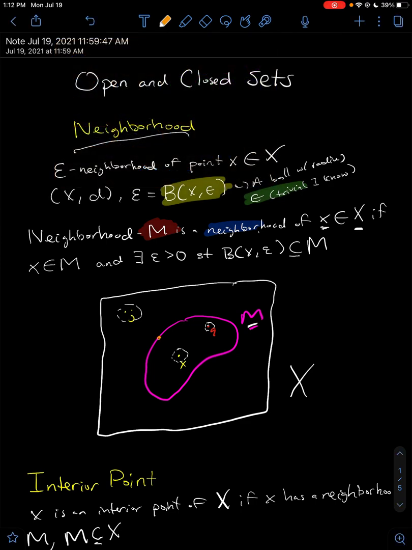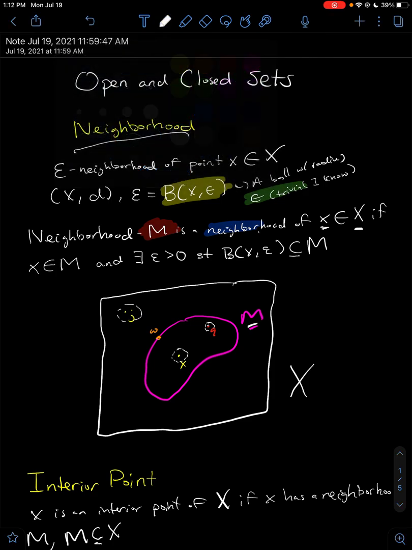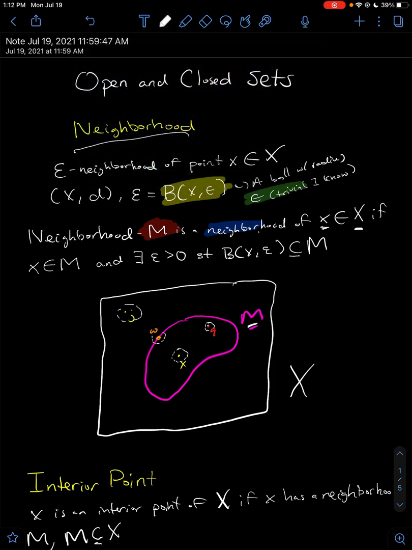Now what about points on the boundary? Say I have some point, let's call this omega. Is M a neighborhood of omega? Well, the answer would be no, because any ball I make around omega wouldn't be contained in M, no matter how small I make the ball.